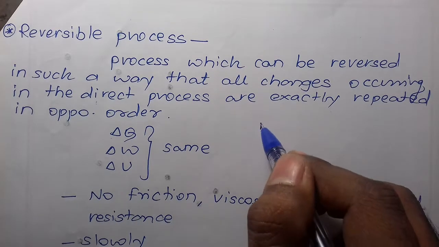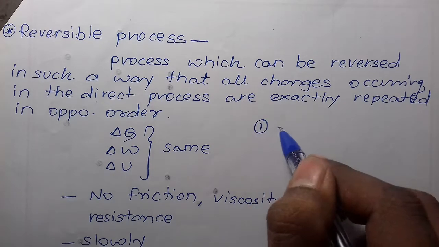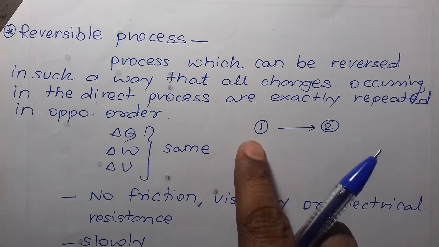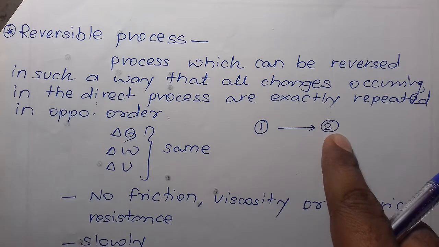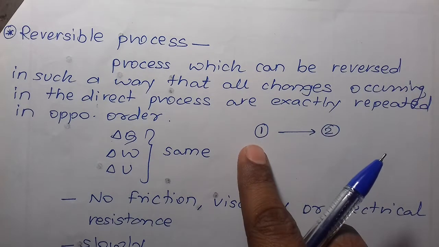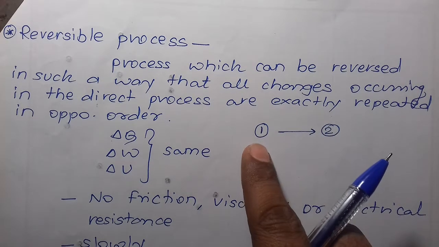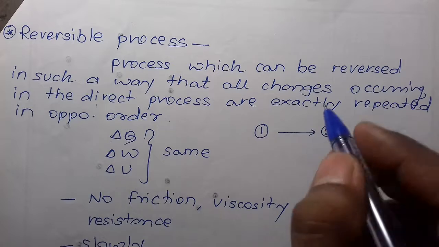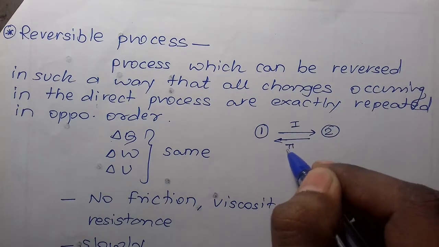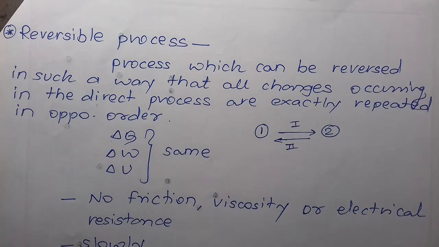Means if we have gone from state 1 to state 2, it should be possible for us to come from the second state to the first state, and then changes in the forward process should be the same as changes in the reverse process.